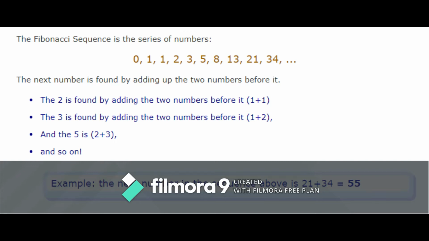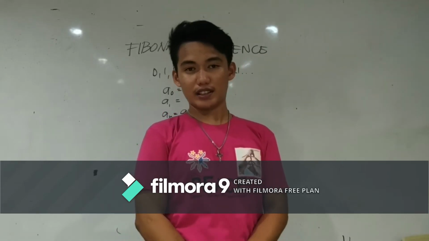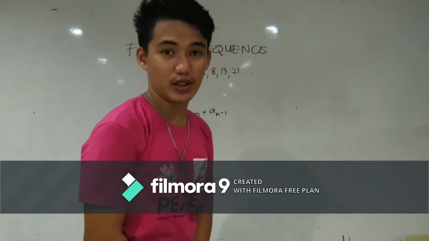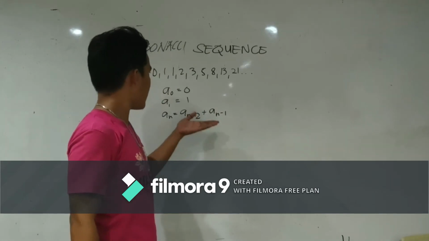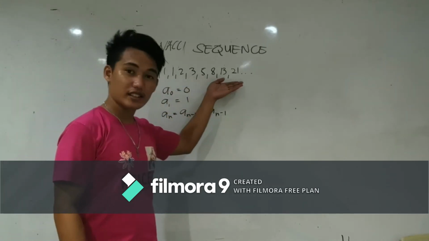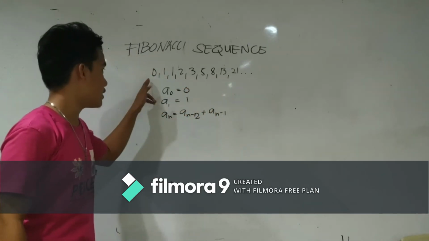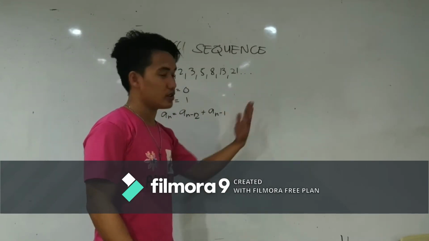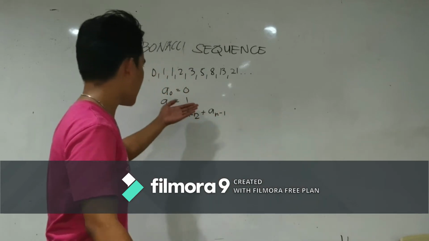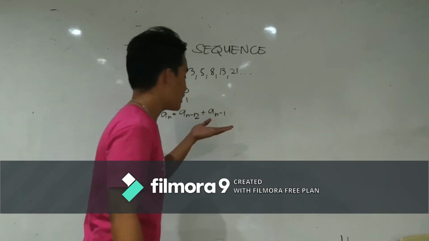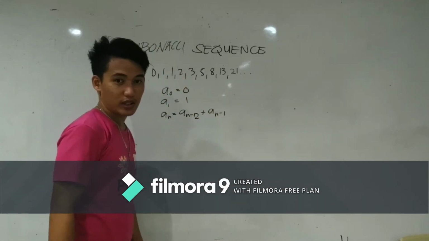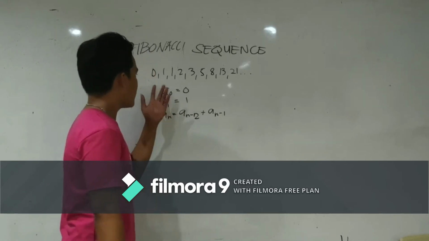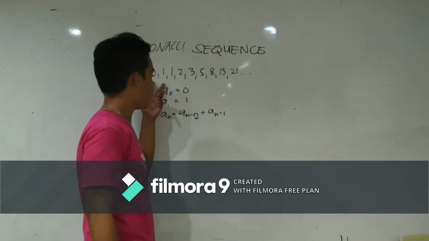The next number is found by adding up the two numbers before it. So this is the Fibonacci sequence: 0, 1, 1, 2, 3, 5, 8, 13, 21, and so on and so forth. Now we can derive that the Fibonacci sequence is the sum of the two consecutive numbers.